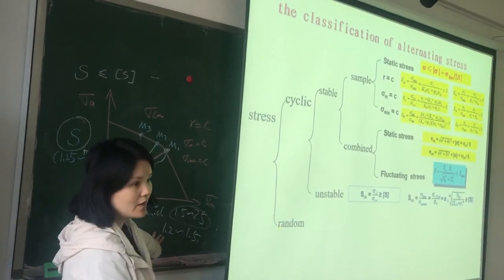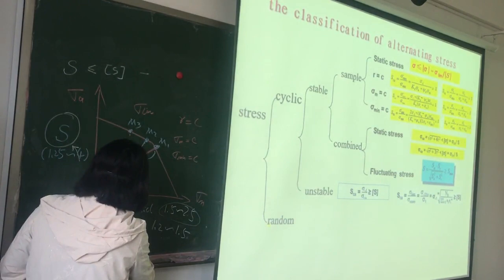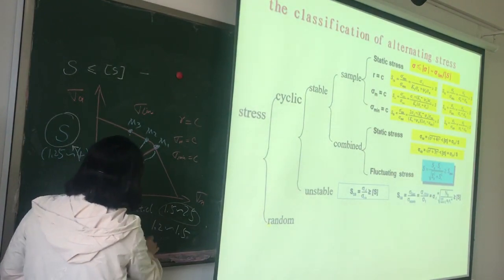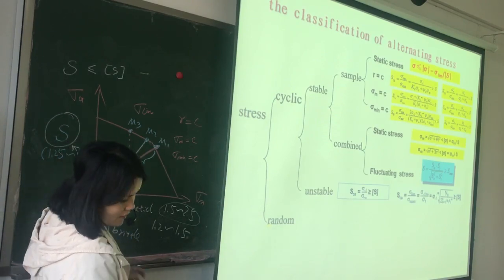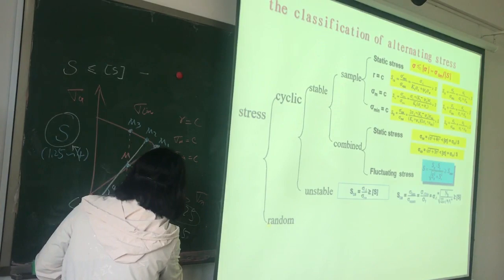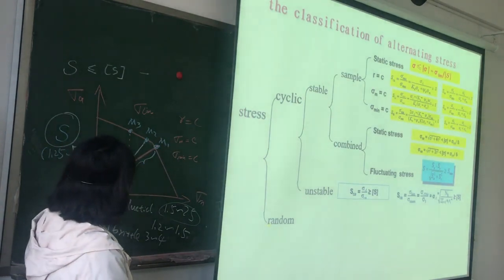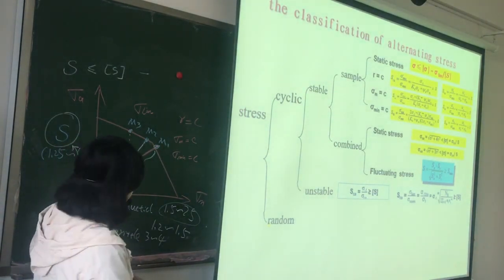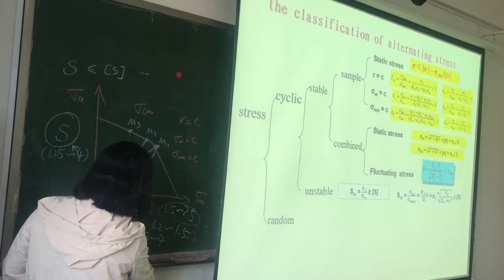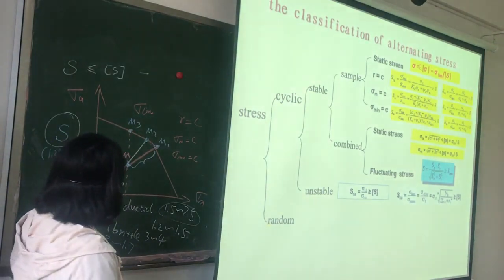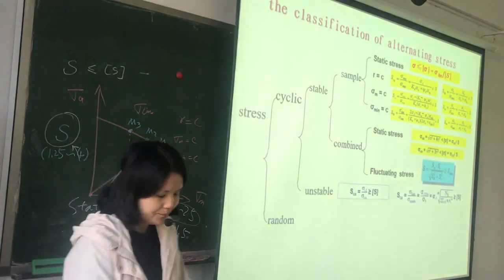And for brittle material under static stress, the value is 3 to 4. And for fluctuating stress, the value is 1.3 to 1.7, and this is a lower value.